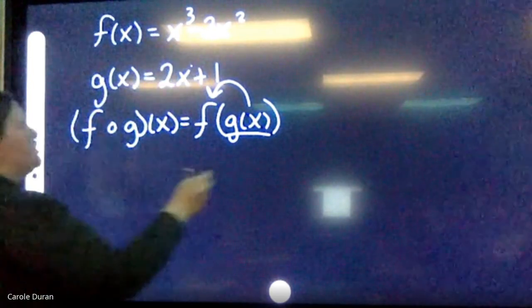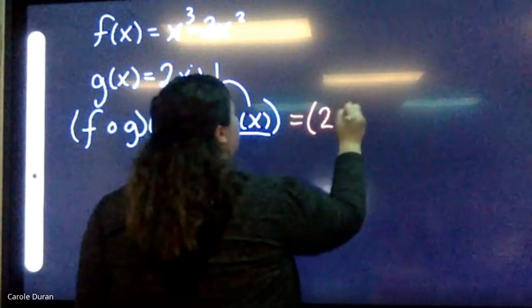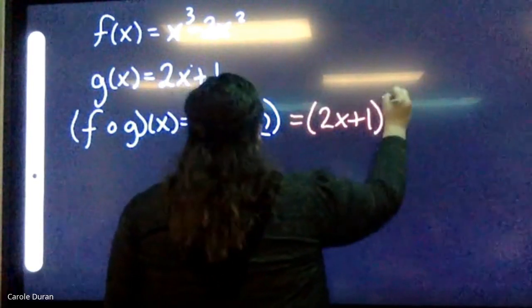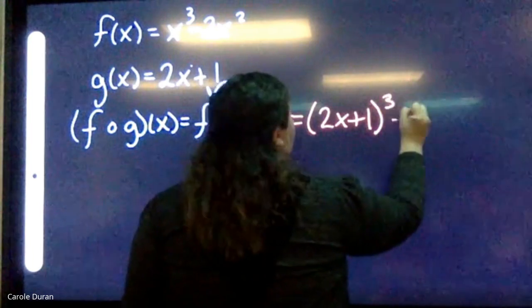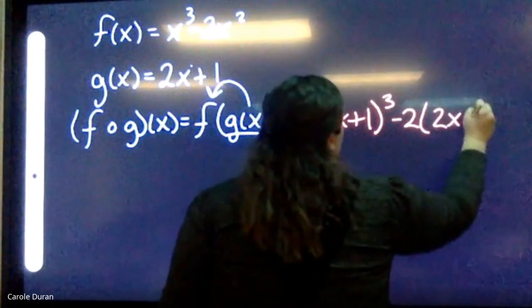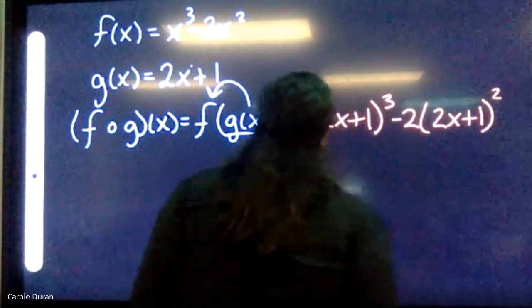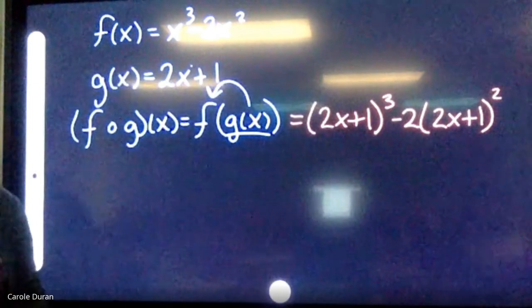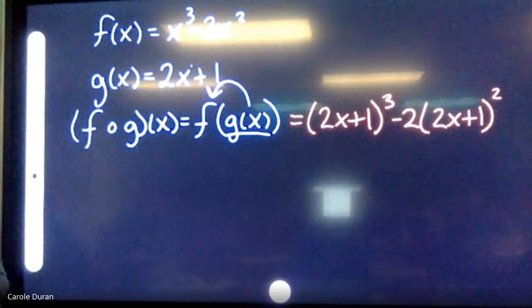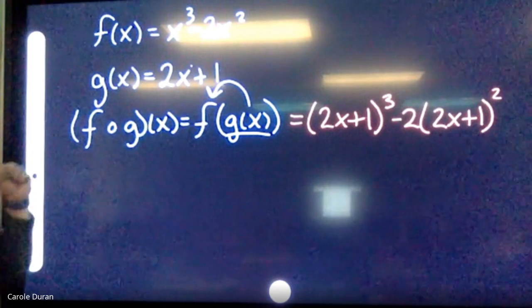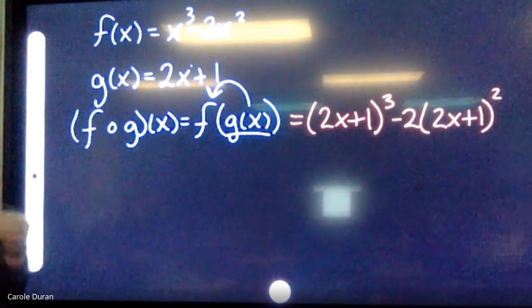So my composition becomes the quantity 2x plus 1 cubed minus 2 times 2x plus 1 squared. I took 2x plus 1, which was my inside function, and replaced each of my x's with that inside function.